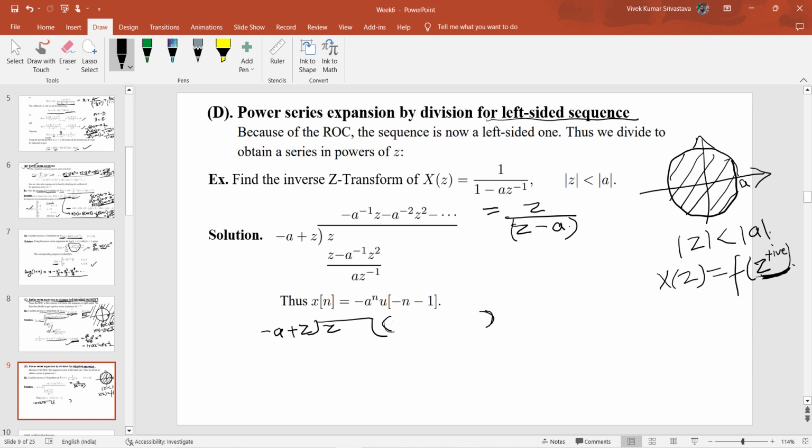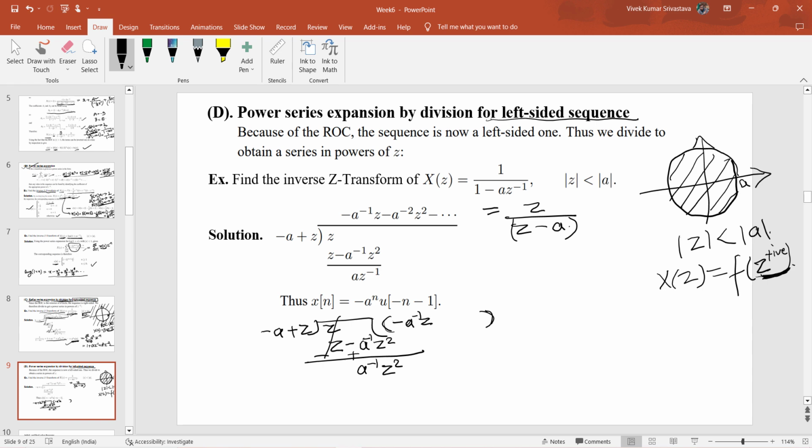For that we multiply this factor by a raised to the power minus 1 and now multiply it by z. Once you multiply, you will get z minus a raised to the power minus 1 into z square.